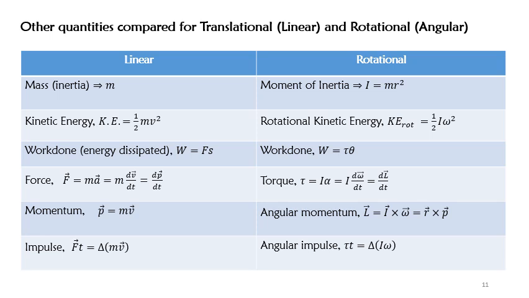Very straightforward. You have ma, here we have I alpha. When you have v, you have omega. v is linear velocity, omega is angular velocity. When you have linear momentum, angular momentum L. So it's straightforward. You can work with it, and you discover that they are very simple.